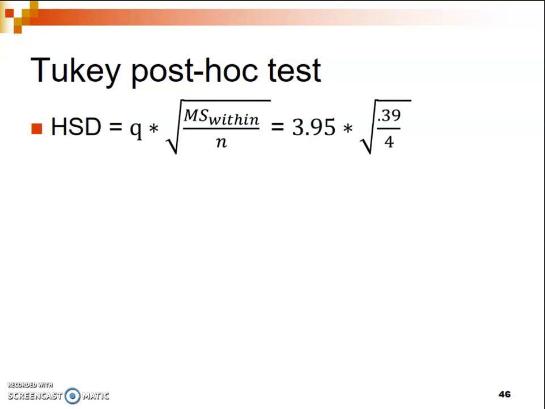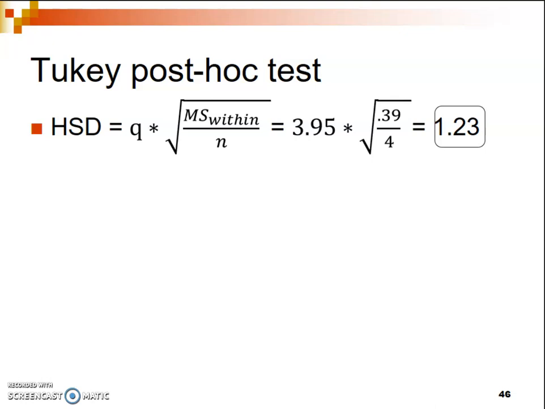When you're doing these calculations, I recommend doing it one piece at a time. I would do the 0.39 divided by 4 first, then take the square root of that, and then multiply that by 3.95. When you do all that out, you should get the result of 1.23.